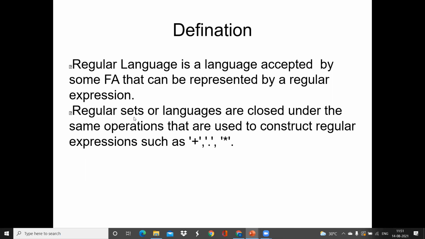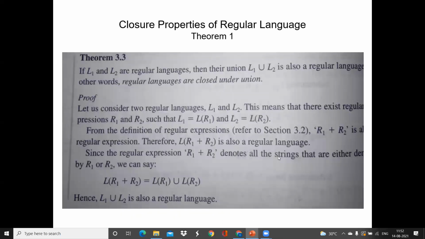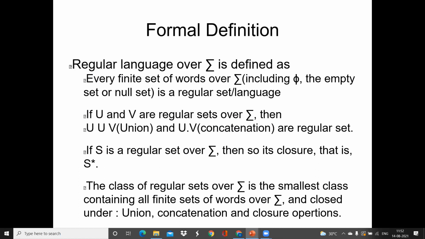I mean, if you have regular expressions, and on those regular expressions you are performing these operations, then whatever you get will be your regular set or regular language. So these are the closure properties for regular language, and theorem 1 here says that if we have L1 and L2 as regular languages, then their union is also a regular language. This is the meaning here.